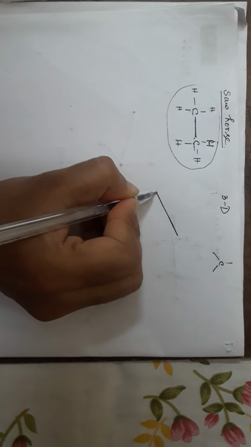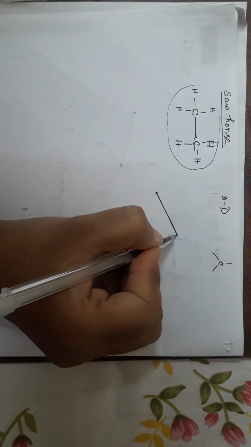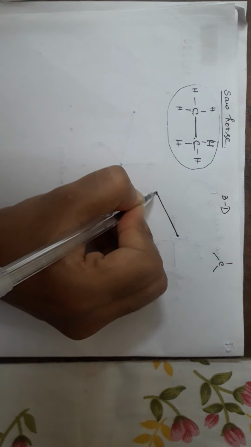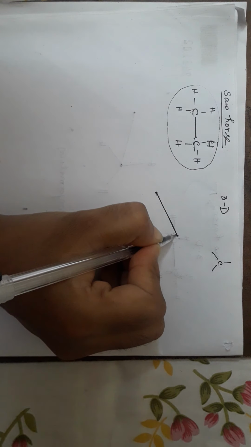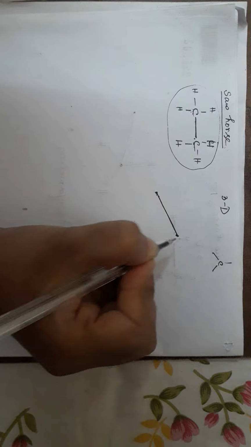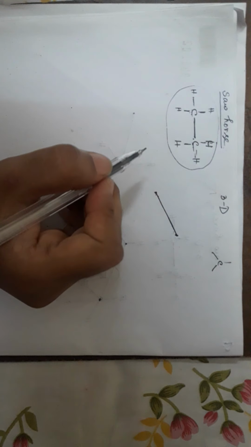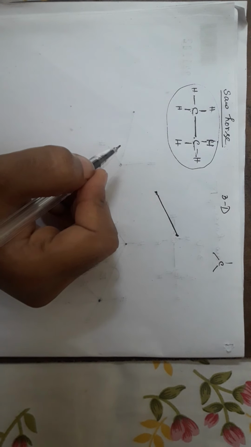Here it is our first carbon, and the second carbon is this one. So the two ends determine the two carbons, right? The other bonds are represented by small solid lines.